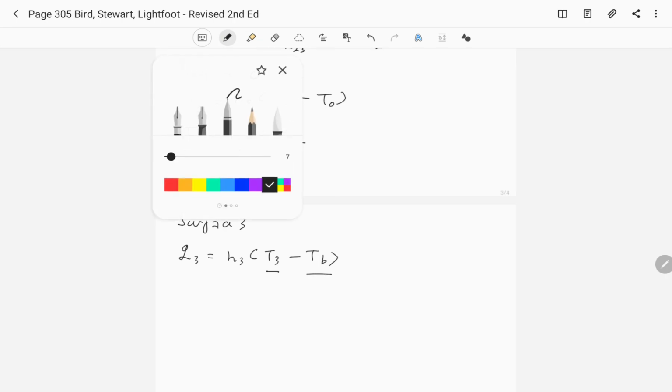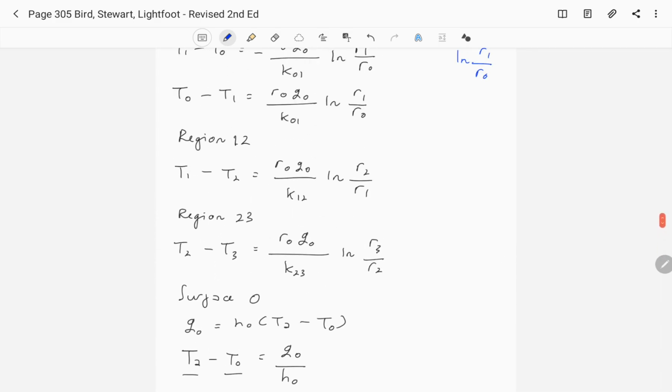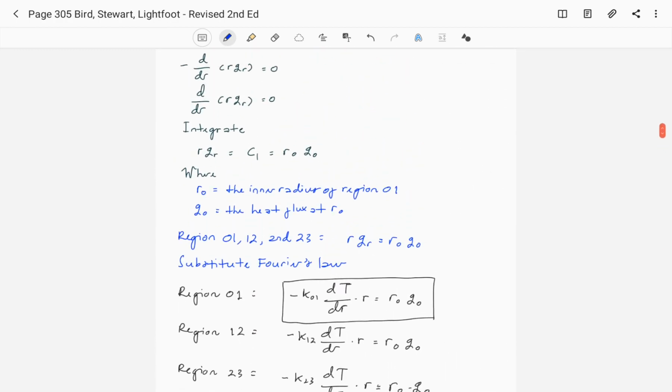Okay, what we can do a little bit in here is notice that R0 Q0 is equal to R3 Q3, because this R q_r product is preserved, as you can see from your integrations.